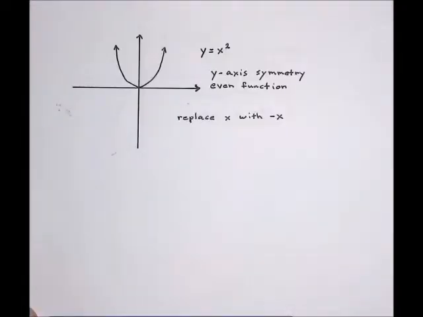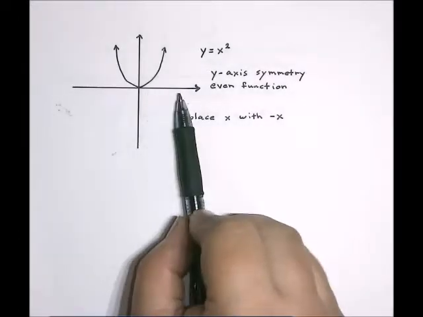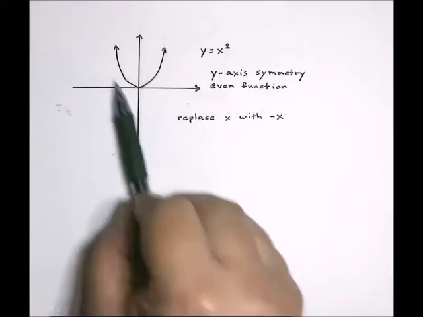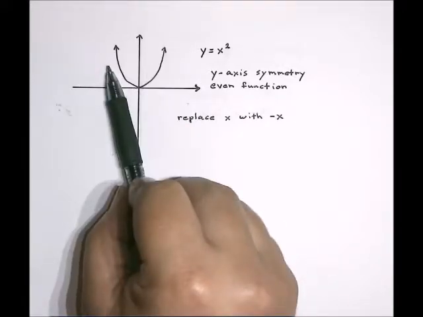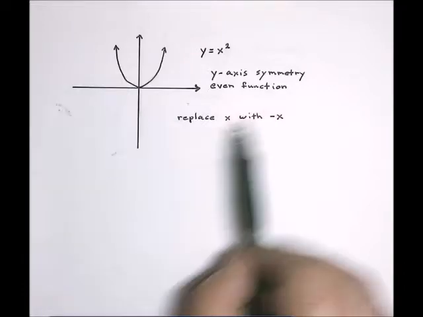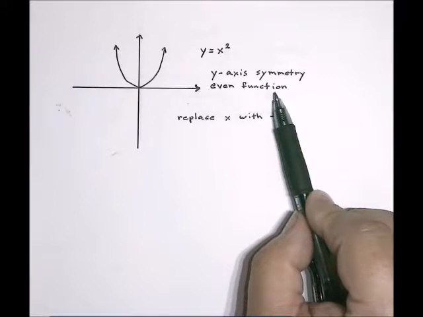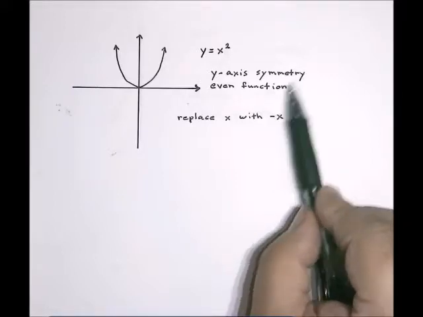The next type of symmetry we're going to look at is y-axis symmetry. And pretty much the same thing as x-axis symmetry, except now our figure is symmetric with respect to the y-axis. And you're going to see the words y-axis symmetry and even function used interchangeably. They mean exactly the same thing.